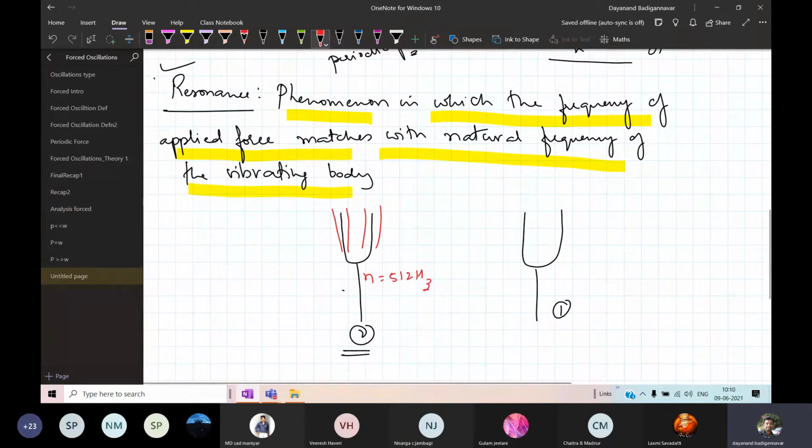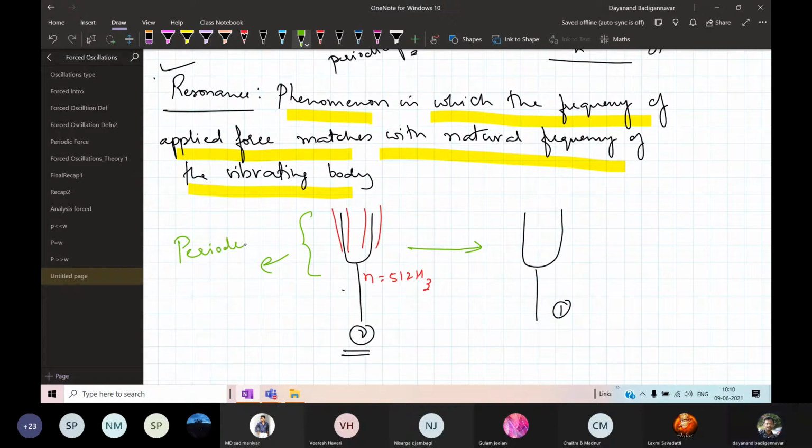If I bring it closer to the first tuning fork, it is as if the vibrations are acting on the first tuning fork. This is acting as a periodic applied force, and it is incident on the first tuning fork.